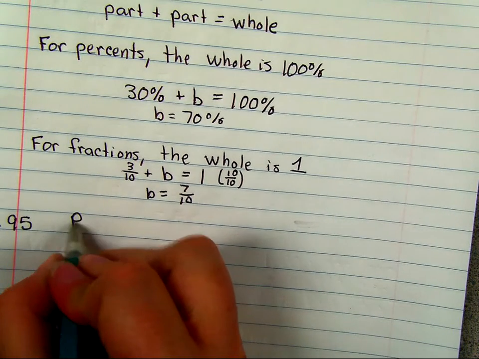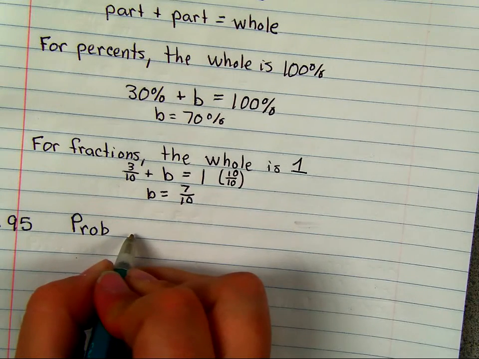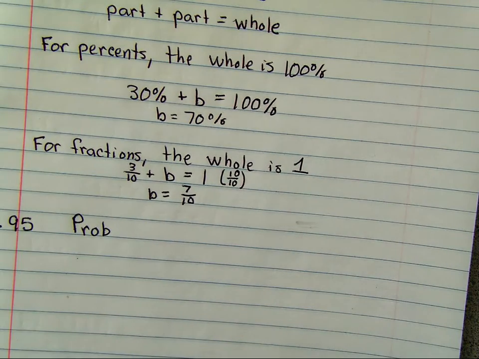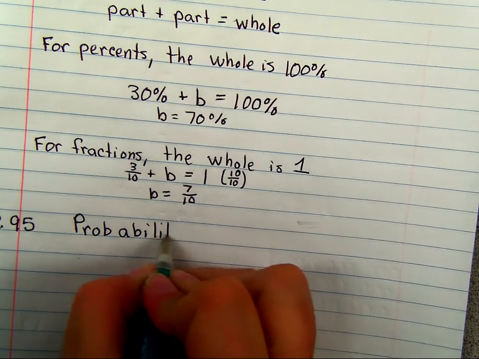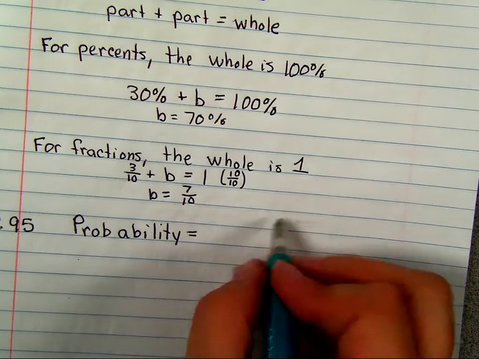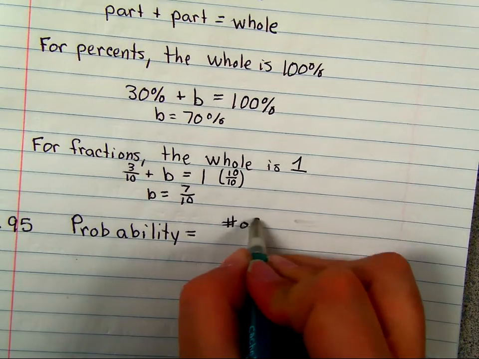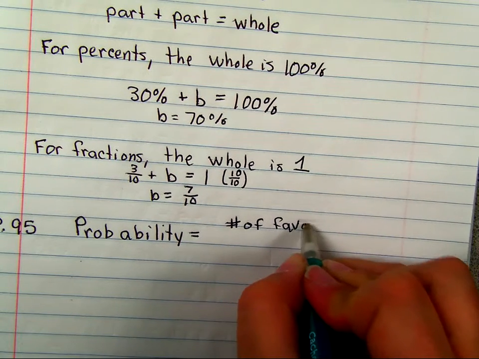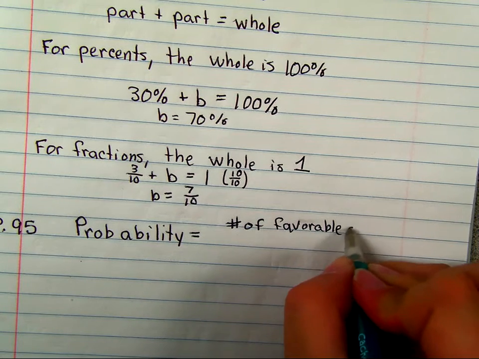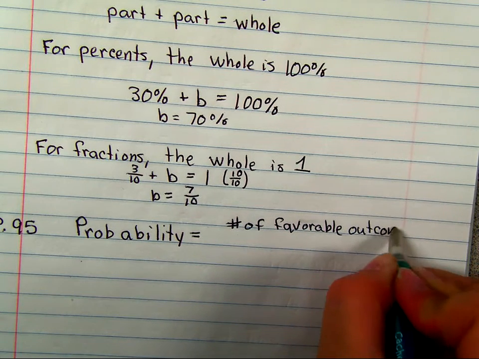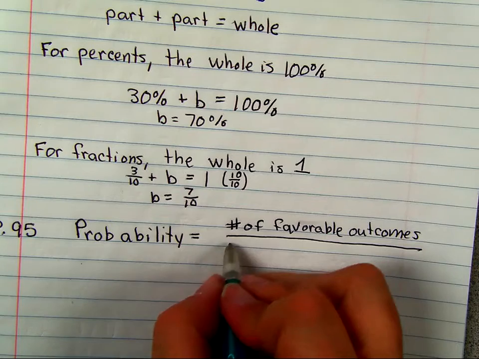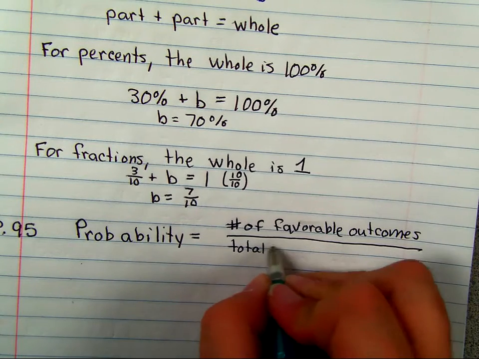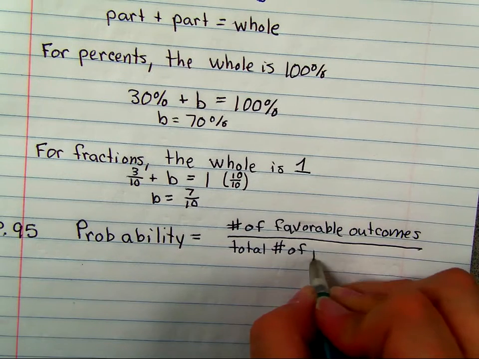So for probability, the important thing to remember is your number of favorable outcomes will be in the numerator of your fraction over the total number of possible outcomes.